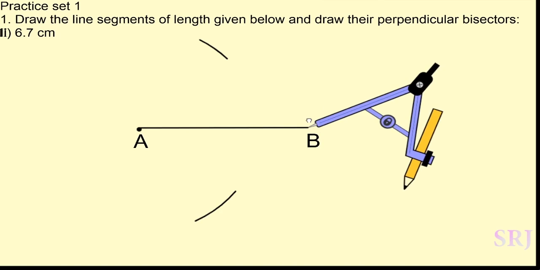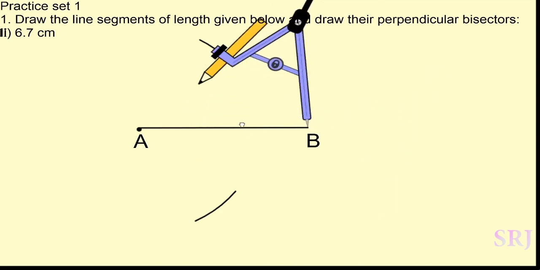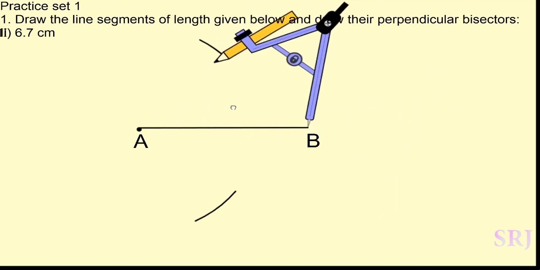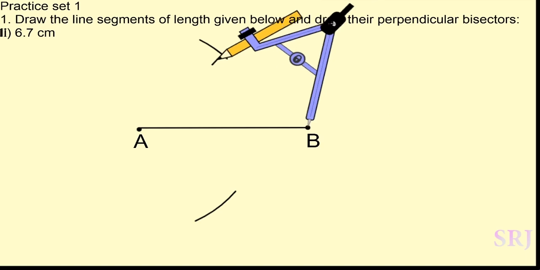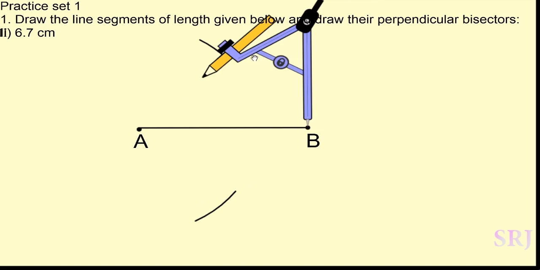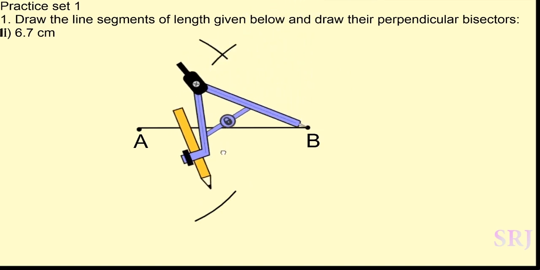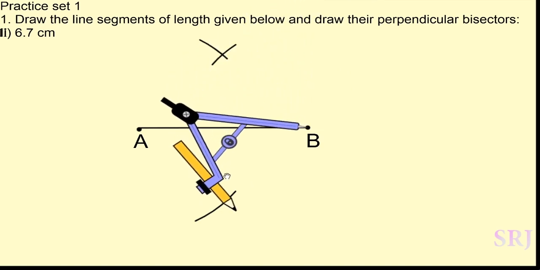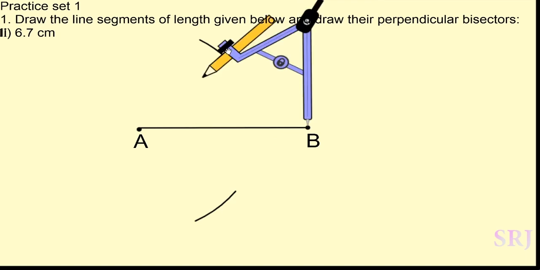Second, we will place the compass on point B. Then, we will take the same radius and draw the first arc cutting the previous arc drawn above. Then, we will draw the second arc cutting the arc drawn below.